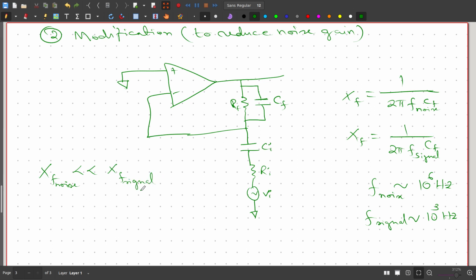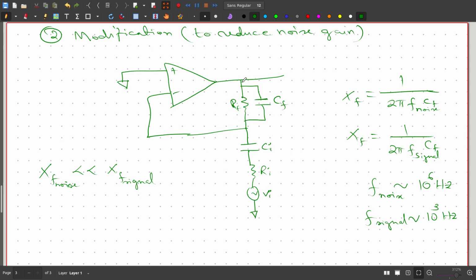So for high frequency noise, what does it mean? If XF is very low, that means the feedback network is established through this one, and the reactance is much lower.